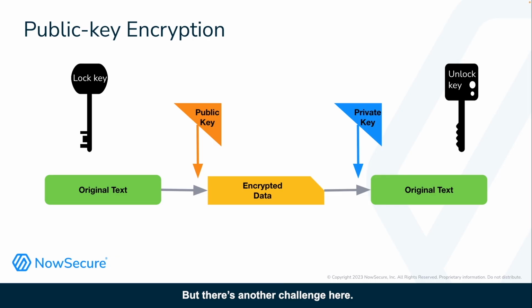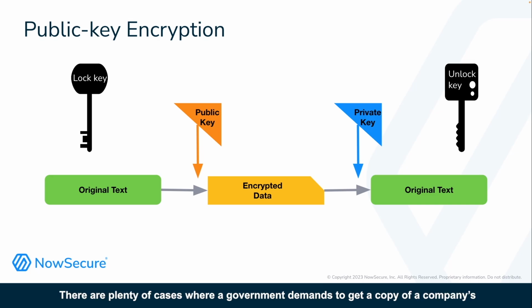But there's another challenge here. What if your unlock or private key is lost or compromised? Algorithms like RSA can be abused to encroach privacy. There are plenty of cases where a government demands to get a copy of a company's unlock or private key, like the recent Online Safety Bill in the UK.